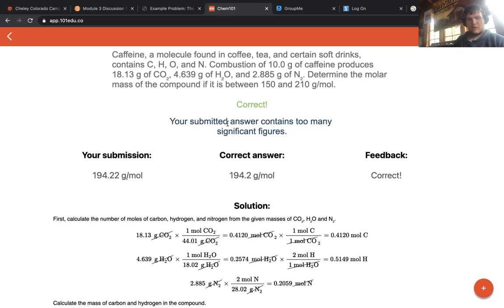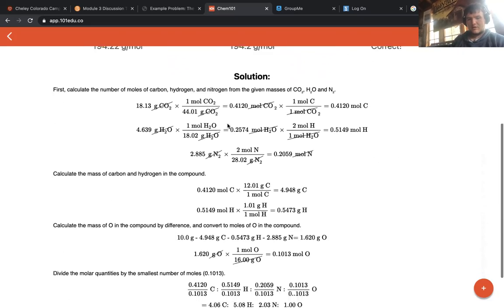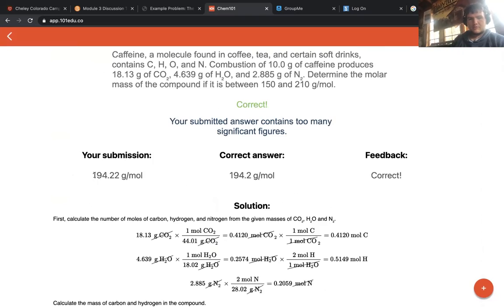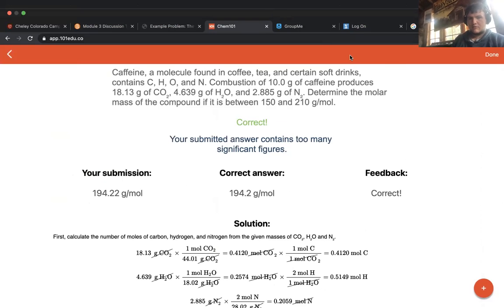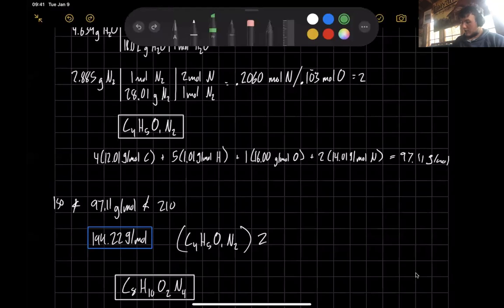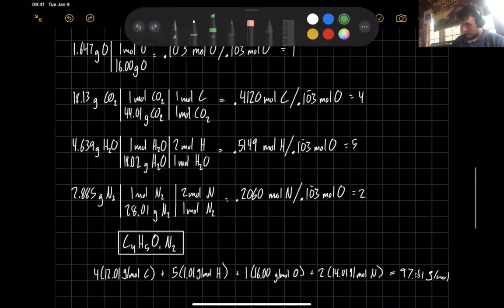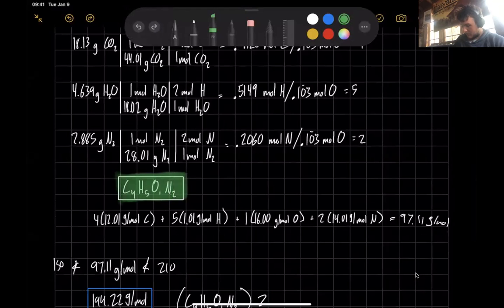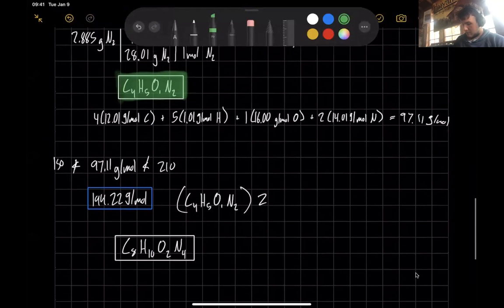So this problem wouldn't really actually have significant figures for the molar mass unless we were given specific things here, because all we found were the whole number ratios, which we used to create the empirical formula. And those have no significant figures, right?